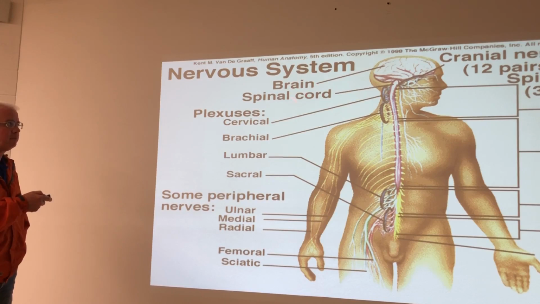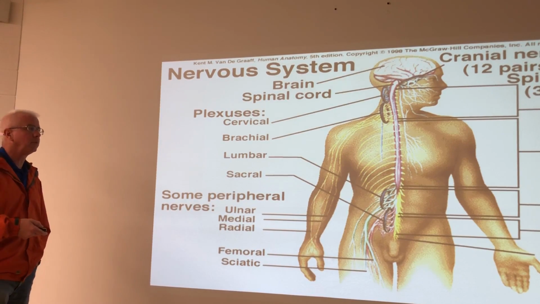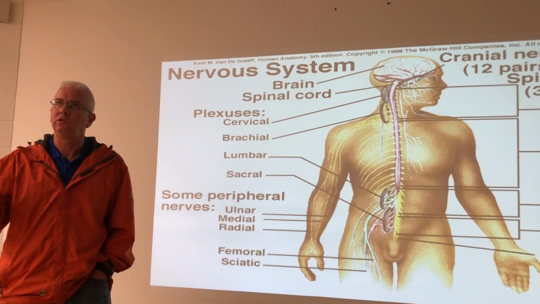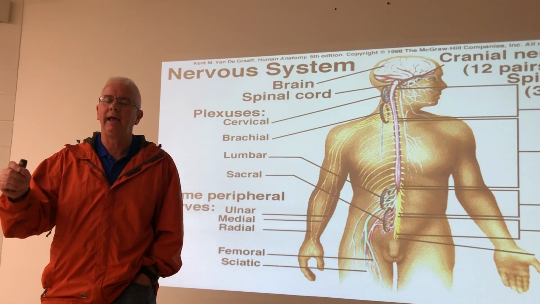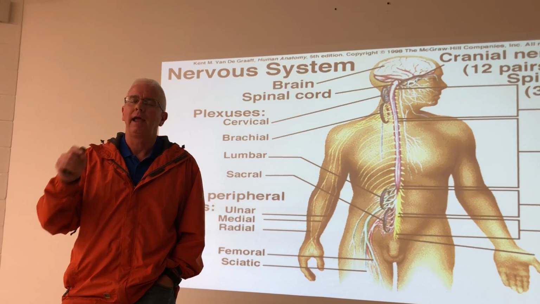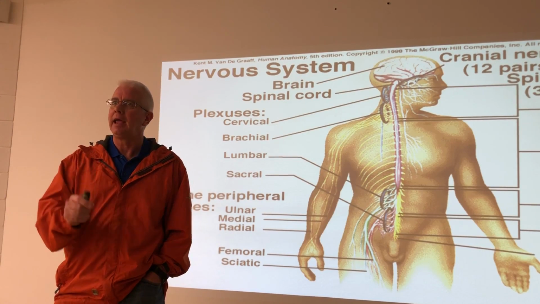You can see at the top of the picture here the brain and the spinal cord. We say that the nervous system can be described anatomically and physiologically.